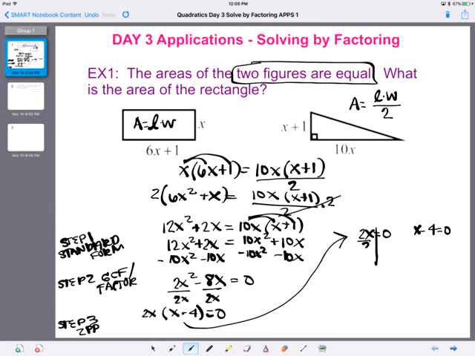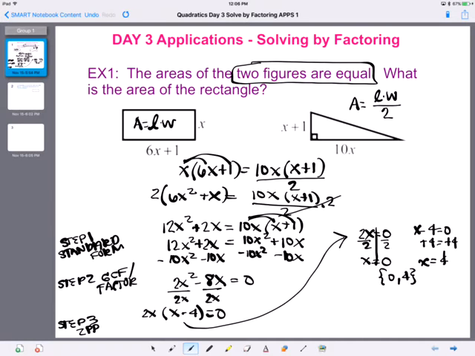The inverse of multiplying by 2 is dividing, so I get x is equal to 0. The inverse of subtracting 4 is adding, so I get x is equal to positive 4. So my solutions are 0 and 4.